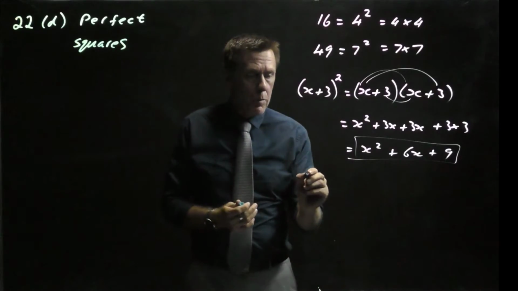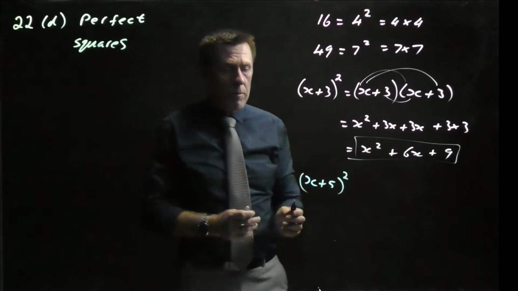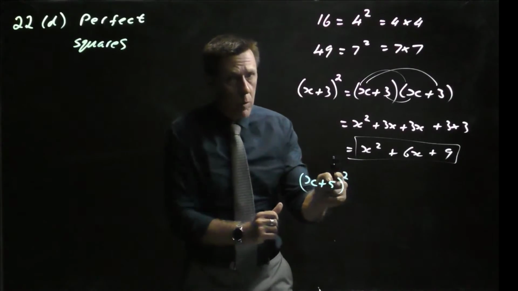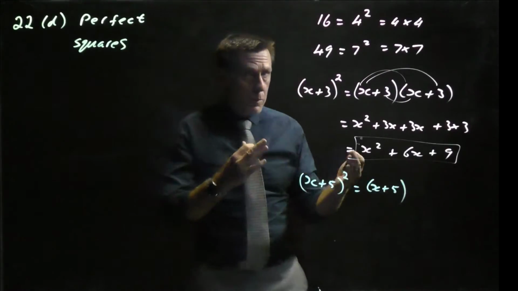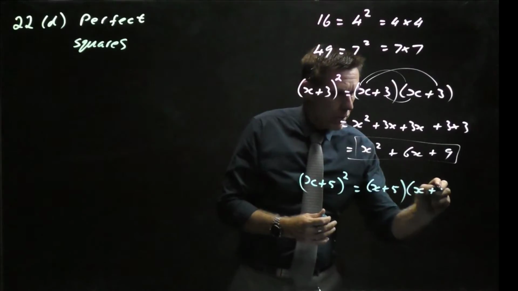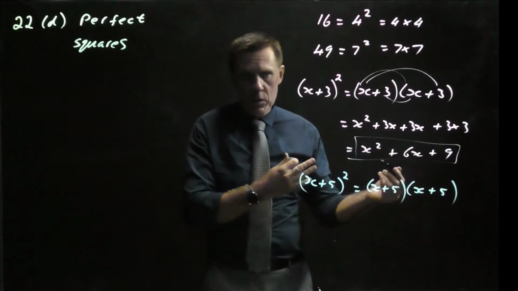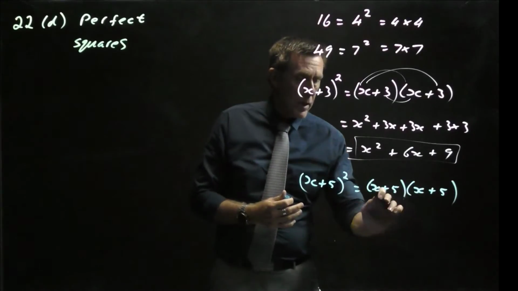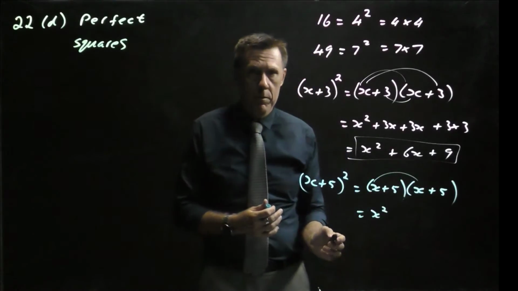Another example would be, if I had x plus 5 and I was going to square it. So it's just one number squared, meaning it's just that one number times by itself. So let's go through our FOIL method again. First, outside, inside, last, and times it out. So the first ones times together is x squared.